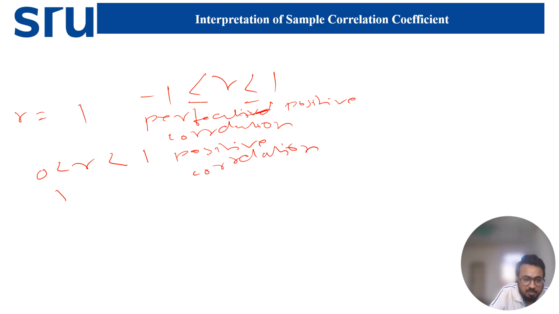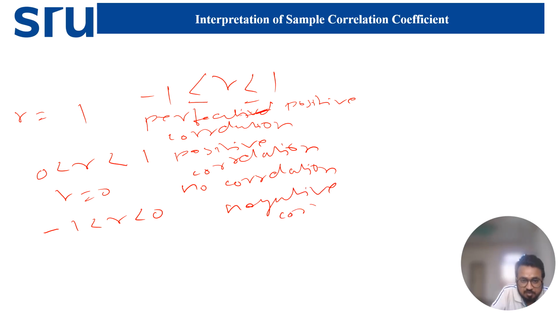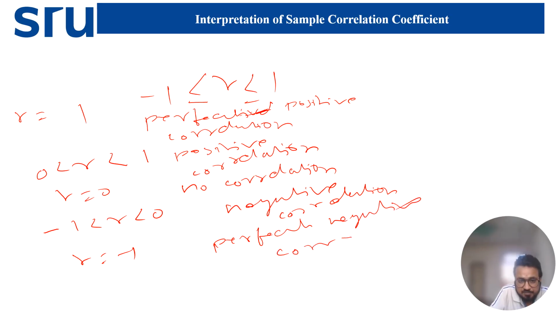If r equals 0, then no correlation. If r lies between -1 and 0, negative correlation. If r equals -1, this is perfect negative correlation. Okay.